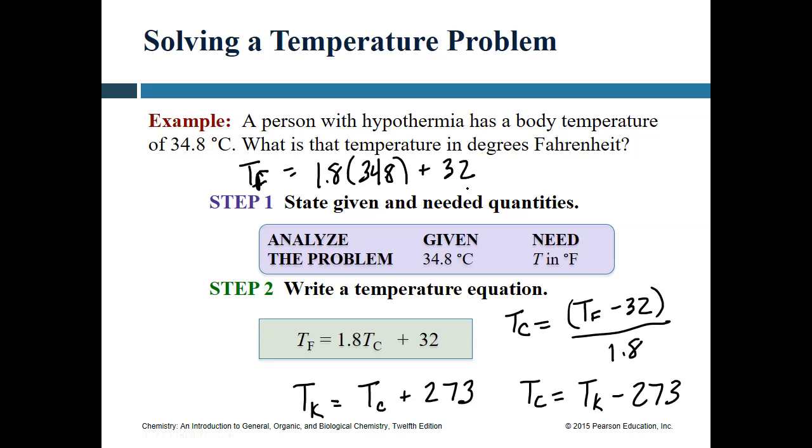If I do that calculation, 1.8 times 34.8 gives me 62.6, plus 32 would give me 94.6 degrees Fahrenheit.